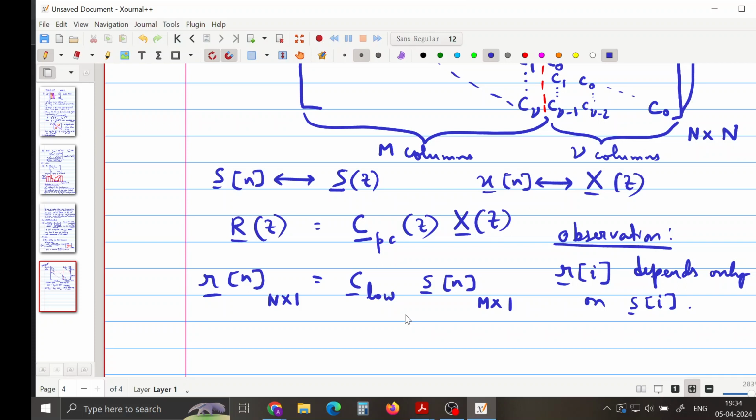And C low has dimension n cross m. So n cross m times m cross 1 gives you n cross 1, which is the case in the LHS. So LHS and RHS are dimensionally correct.